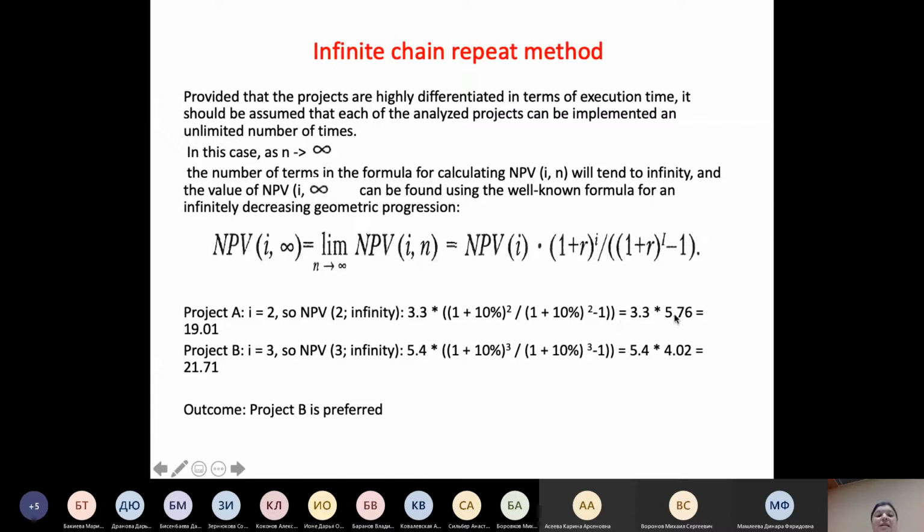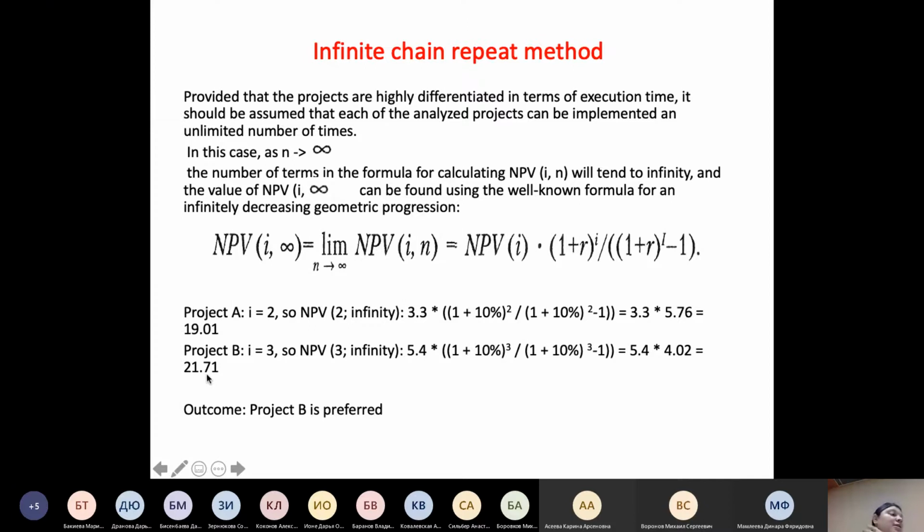In this case, if our project A is finished and will be repeated again, the net present value of this project equals 19.01. As for our project B, the net present value in the situation of infinity equals 21.71.